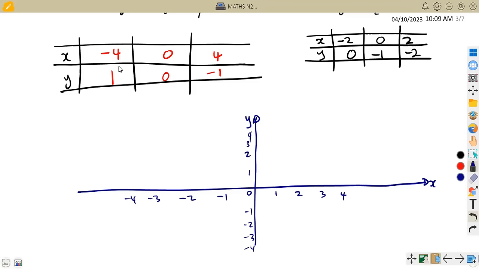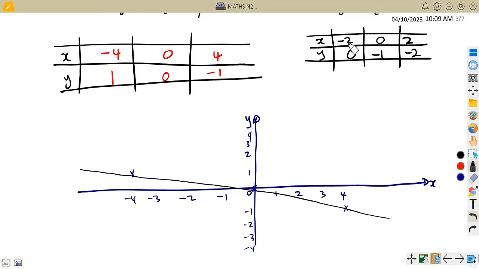So you mark your points: -4 versus 1, that's -4 versus 1. You mark your point 0, 0, that's here. 4 versus -1, that's it. So you can even draw your line from these points that you have marked. You can draw your line like that, okay? Making sure that your line passes through the points that you have indicated in this case, all right?